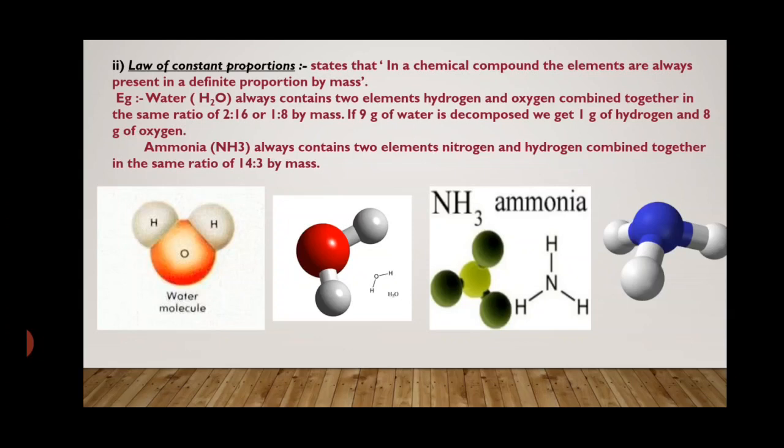If 9 gram of water is decomposed, then we will get 1 gram of hydrogen and 8 gram of oxygen. Similarly, in case of ammonia, nitrogen always combines with hydrogen in the ratio of 14:3 by mass. So what exactly is the law of constant proportion?